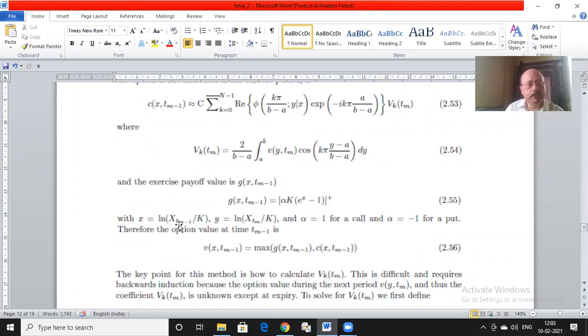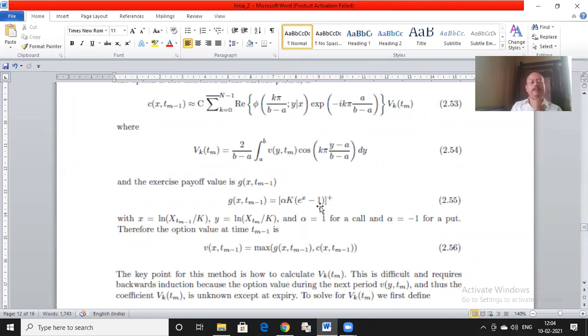Where e to the power x is the stock value, with x the log stock value divided by the strike price. So the strike price is acting as the standardization. That's why I have a K outside and minus 1 inside.